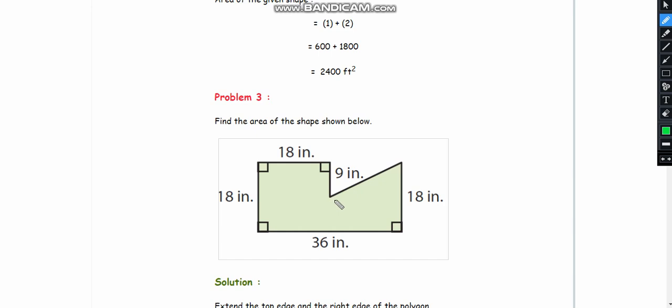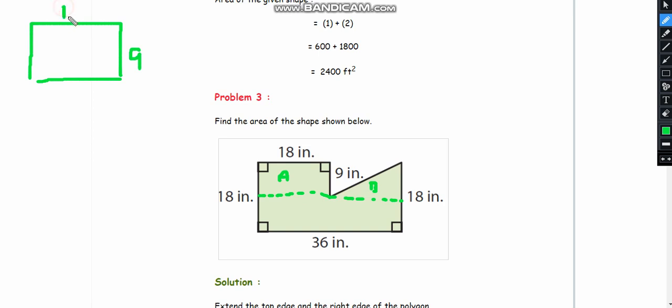Okay, so what's tricky about this is you have to split it up into 3 different shapes. So you have section A, section B, and section C. Section A is this top left rectangle. That is a 9 times 18 rectangle.